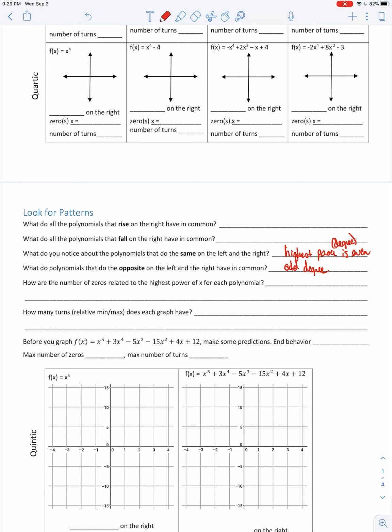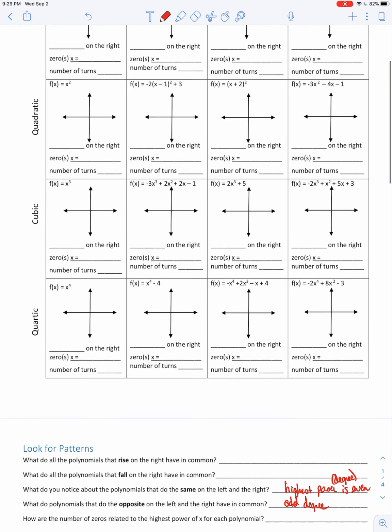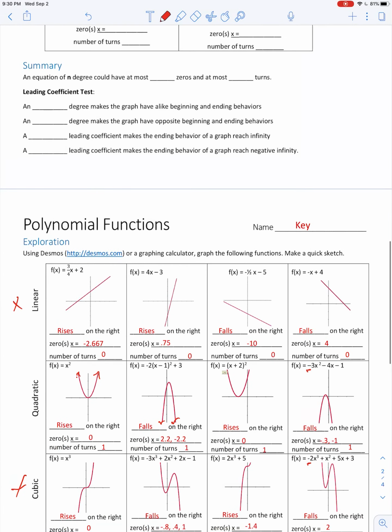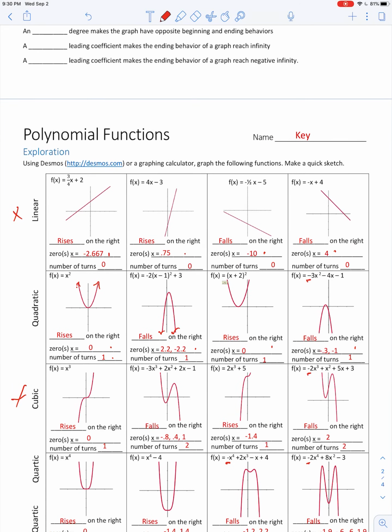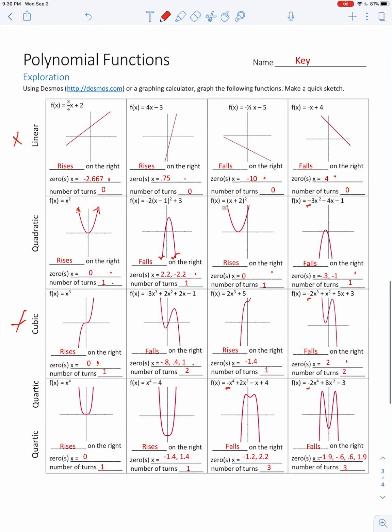How are the number of zeros related to the highest power of the polynomial? Well, we had 1 zero in each of these. This one had 1 zero. This one had 1 and 2. A cubic, power of 3, has 1 zero, 3 zeros. So it looks like it can have more than just 1, up to potentially 3.